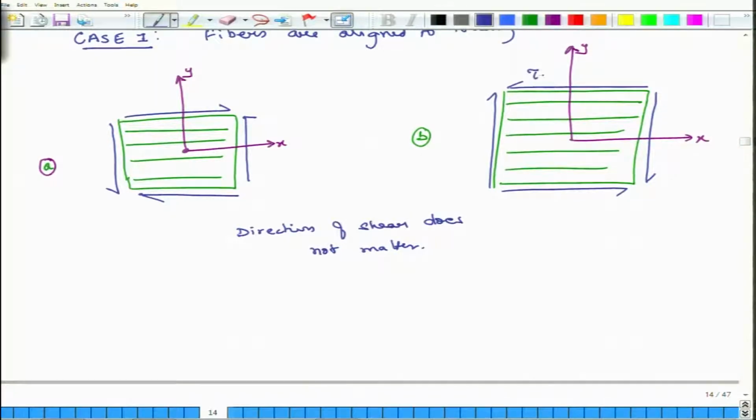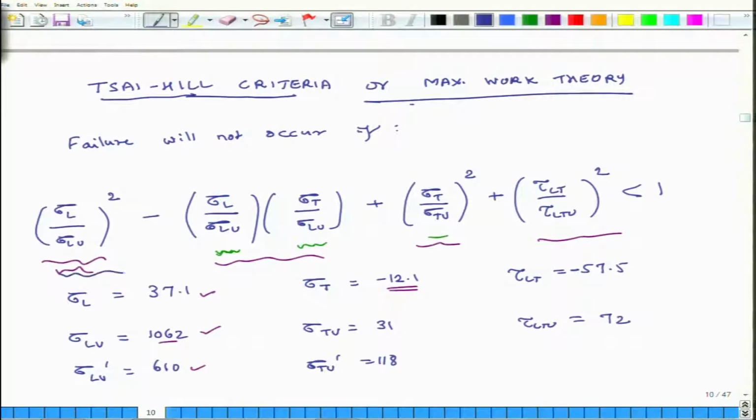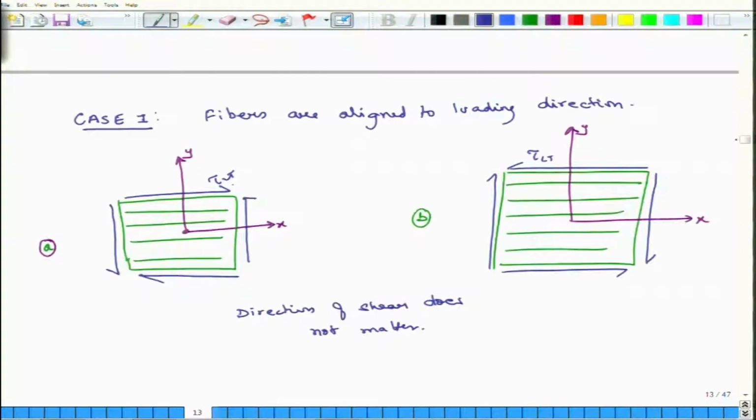If this is tau LT and this is tau LT, and you plug tau LT into this equation, all these terms will be 0, because there is no sigma L, there is no sigma T, only tau LT is there, and whether tau LT is positive or negative, it does not matter, everything gets squared. So, the failure criteria does not change.